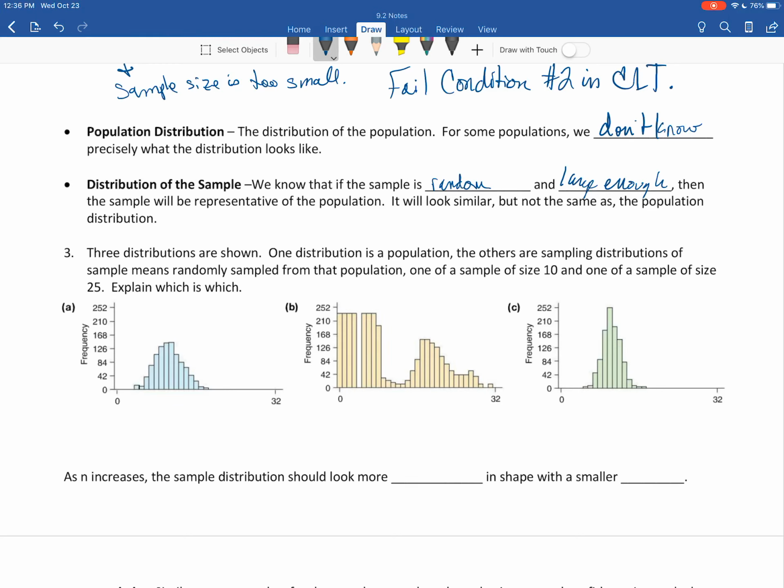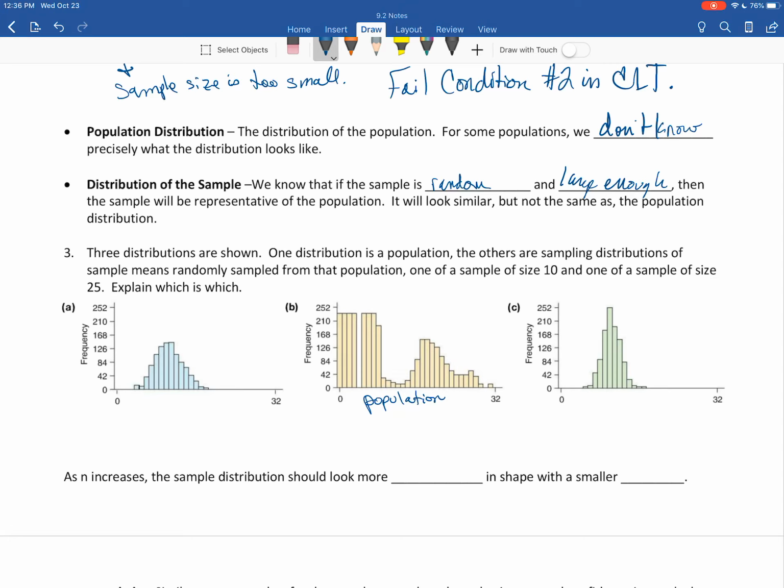The craziest looking ones are going to be your populations. They can look any which way, and sometimes we don't even know what they look like. So the craziest one will always end up being your population.